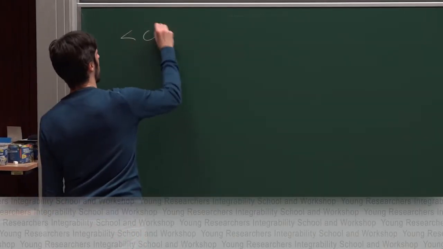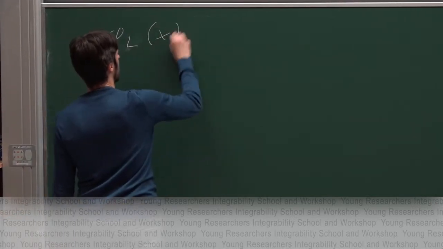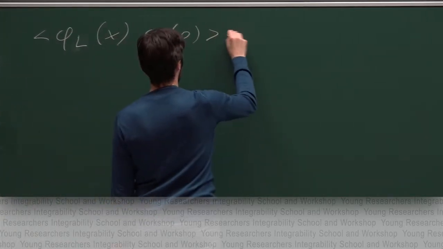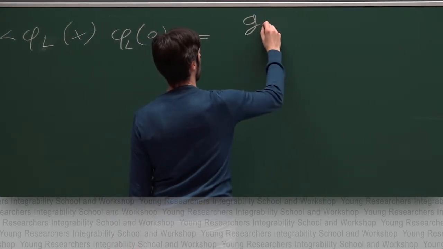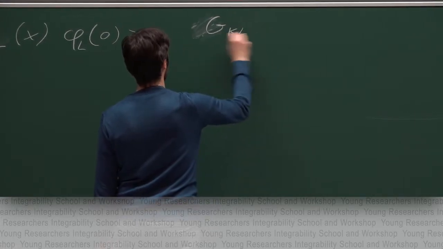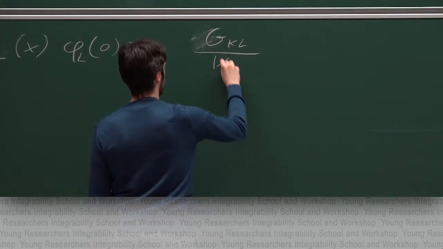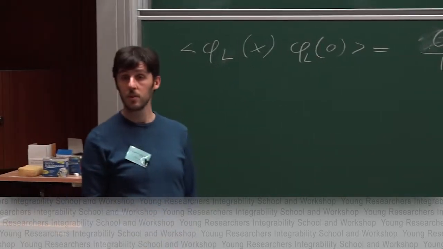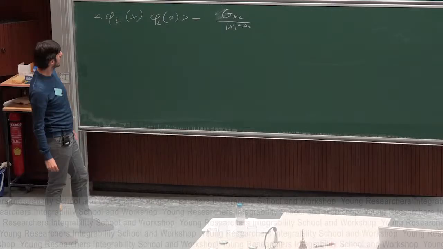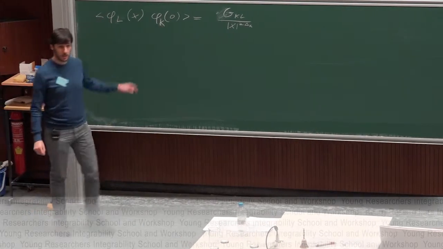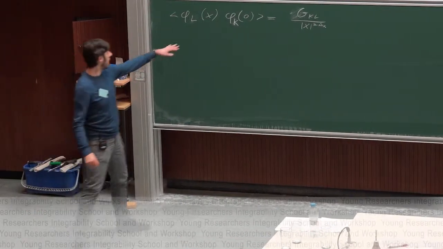So in a conformal field theory, the two-point function has a very simple form, which is some, let's use capital G. So I consider the two-point function of two operators, phi k and phi l.